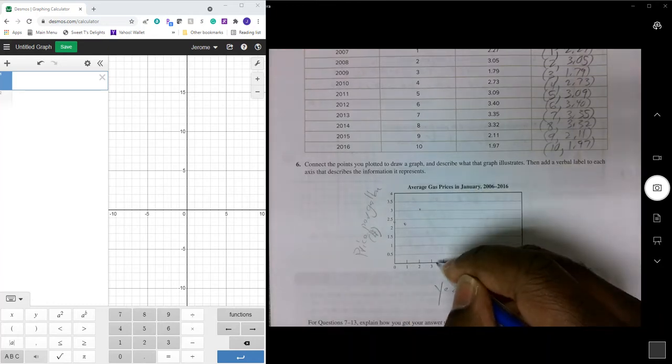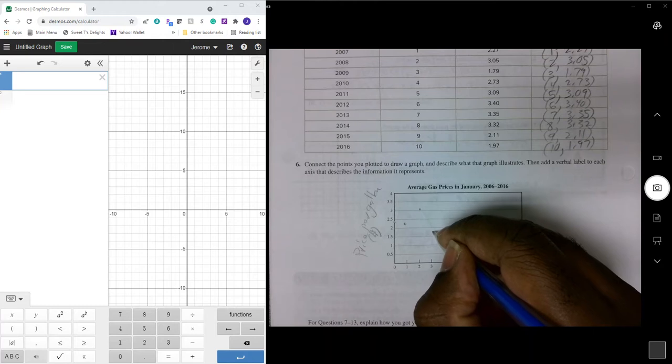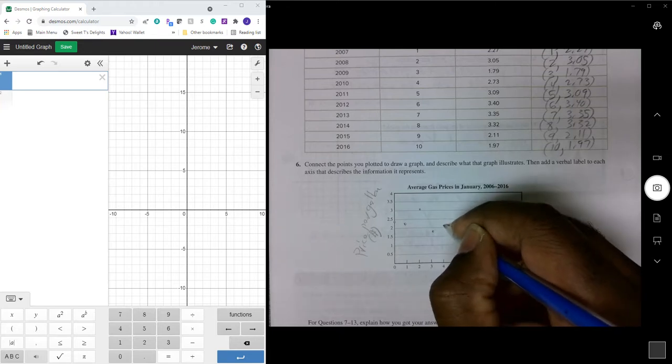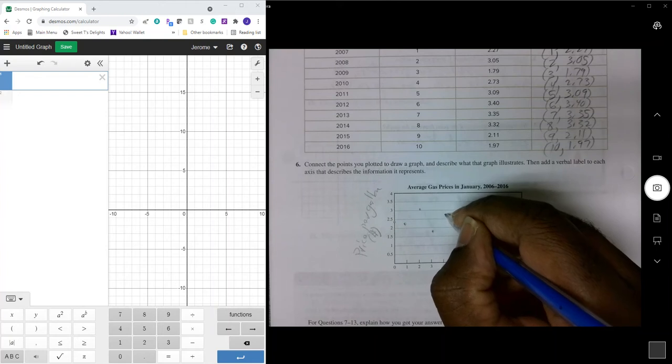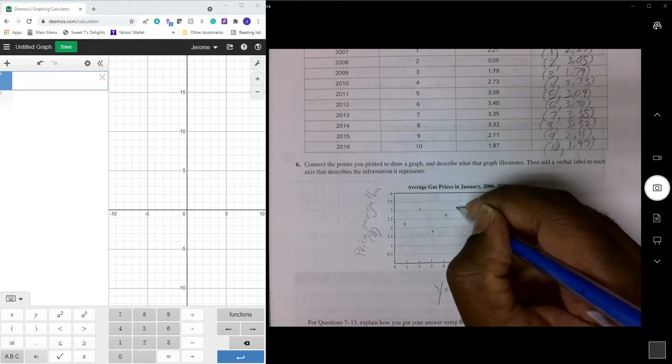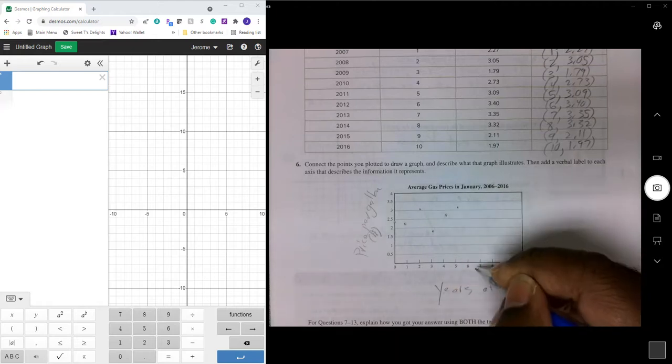We have 3, $1.79, which would be about the midpoint of 2 and $1.50. We have 4, $2.73, which would be almost the midpoint of $2.50 and $3. We have 5, which is 3.09, which still should be slightly higher here than the 3.05.